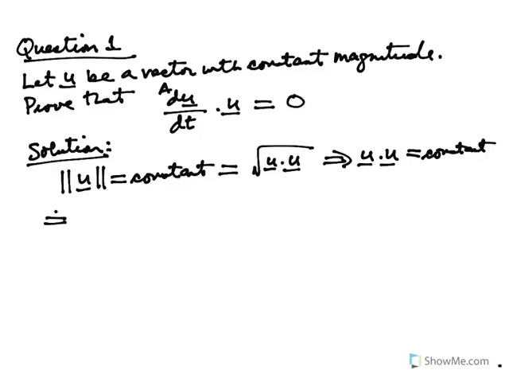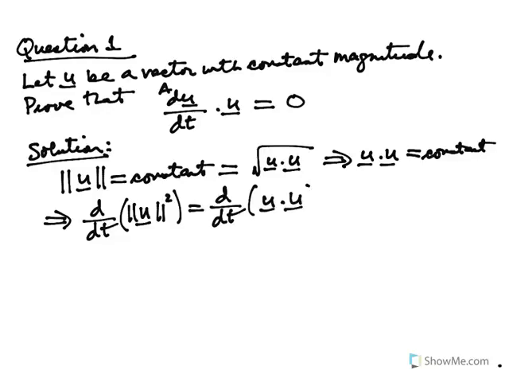So that implies that d dt of the magnitude of U squared is equal to d dt of U dotted with U is equal to 0.